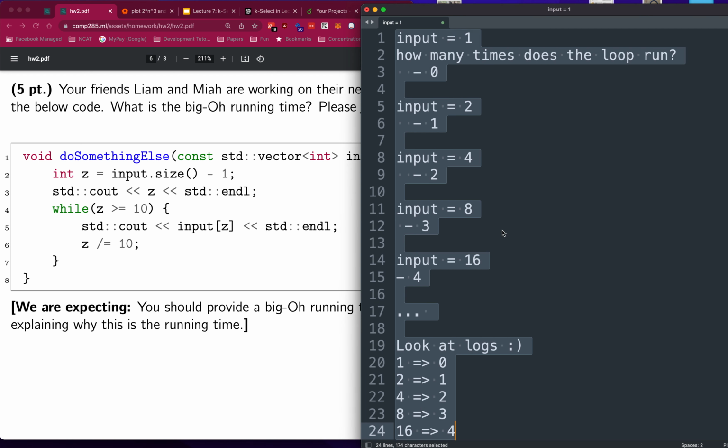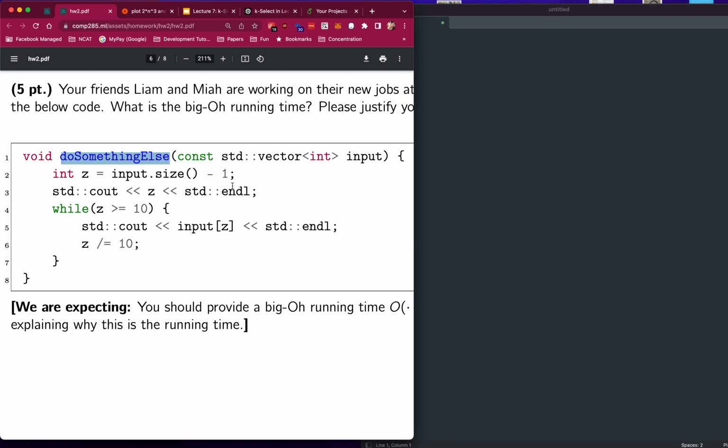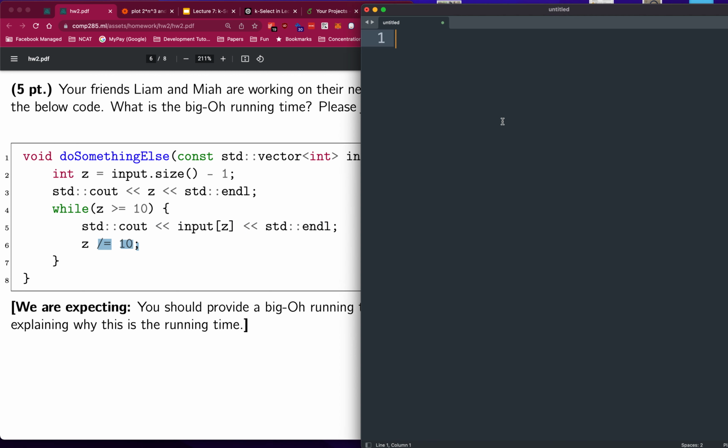Continuing, next part of the function, we have do something else. So again, this is a very similar function. Let's see what it does first. It takes the input. It gets the size of the input, which is z, prints z, and then while z is bigger than 10, it prints that value, and then it divides z by 10. So intuitively, how many times does the while loop run?